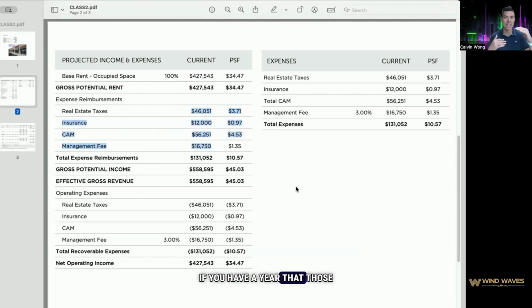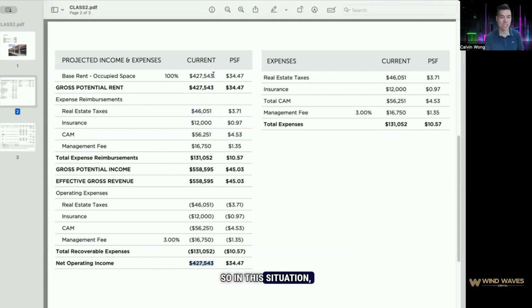If expenses jump 10% but your rent only goes up 5%, that 5% difference can eat into your cash flow. But with a triple net lease, it's passed through. Again, depending on the lease language, most of the time it's all passed through to the tenant and your net income stays protected.